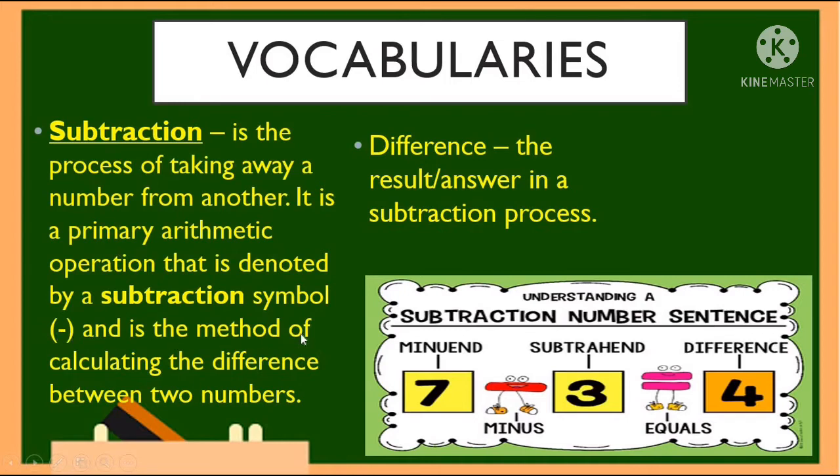And is the method of calculating the difference between two numbers. Okay? So those are the explanation of what subtraction is. The main words here about subtraction is this one: process of taking away, and then we have to calculate the difference of two numbers or between two numbers.